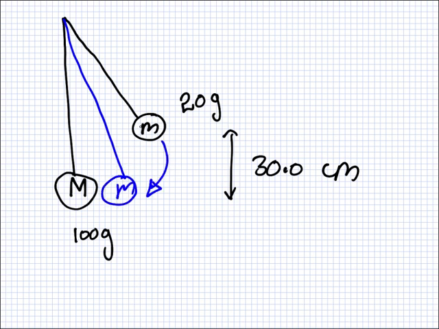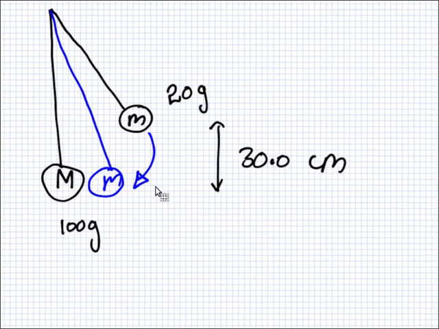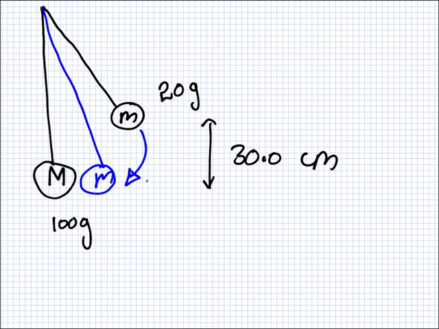So what can we use to calculate this? Yeah, conservation of energy. So the energy here is mgh, and that will equal the energy here, which is a half m v squared.